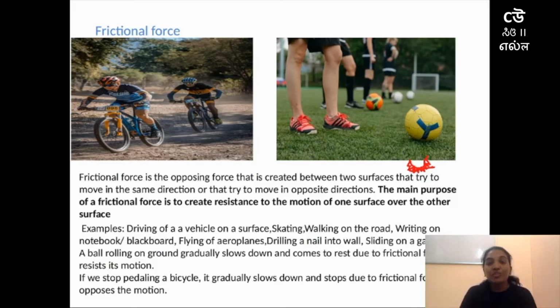The main purpose of friction is to create resistance to the motion of one surface over the other surface. In our day-to-day life we can observe frictional force in n number of examples: when we are walking, running, skating, and also when we are driving a vehicle. Without friction we can't imagine a world. Friction is an opposing force and it will resist the motion.